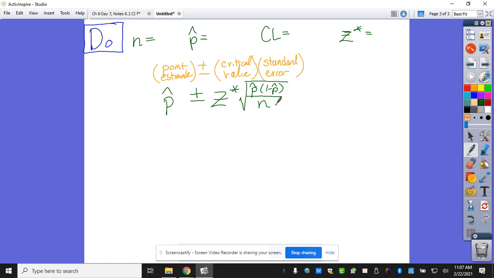And all that under the square root. We plug in numbers. Now what symbol goes in between? P, because that's what we're trying to estimate. And then we have a lower value. And an upper value.